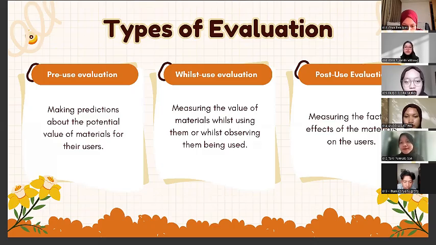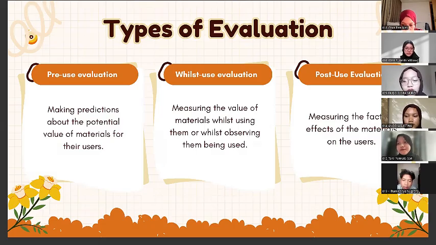And the second one is whilst-use evaluation. This evaluation is carried out during the use of the materials. Here we focus on measuring the value of the materials while they are being used, or while we are observing students using them. This helps us see in real time whether the material is effective and engaging.